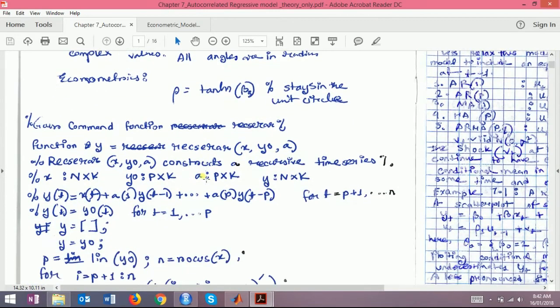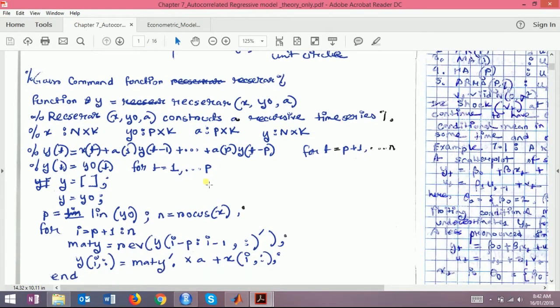You see, in this other function that has been created, we have three inputs x, y naught, a. It will construct a recursive series. We know the size, we know what will go into y equals x naught plus a1 y_{t minus 1} up to a_p y_{t minus p}. For t equals 1 to p, y equals y naught, where p equals rows and columns, but I think that is much more explanatory of what we have done.